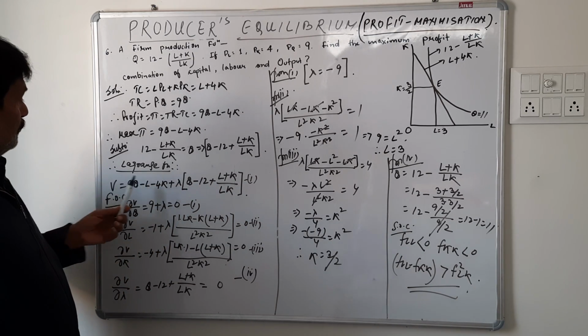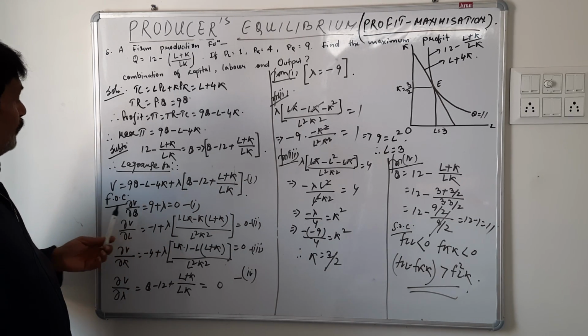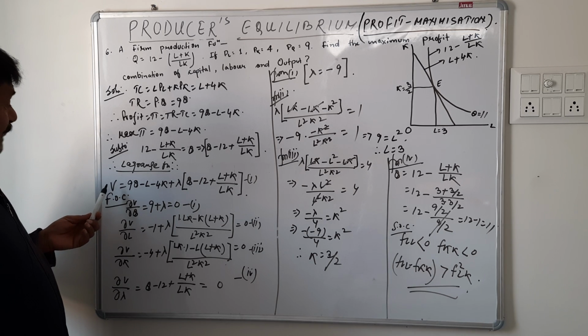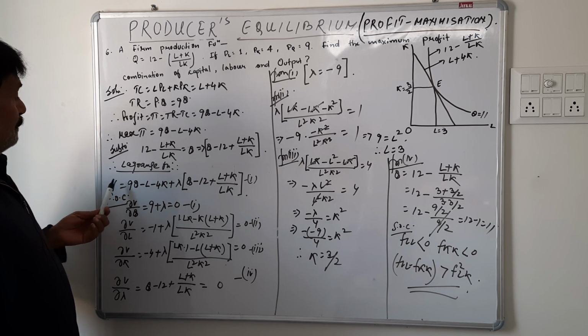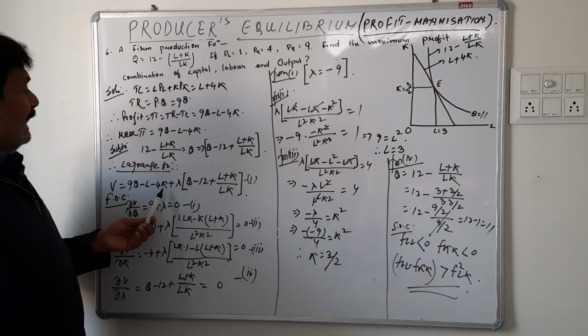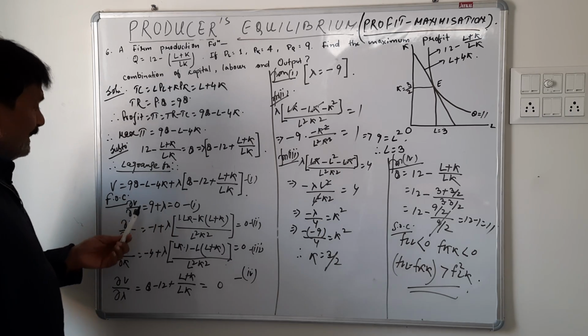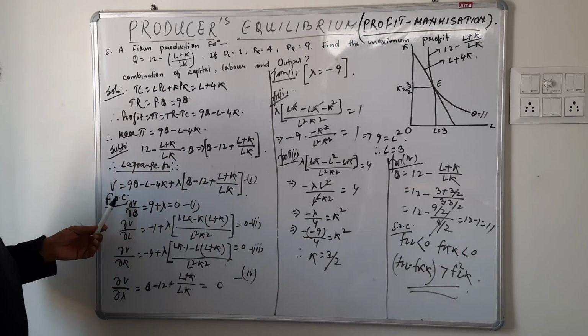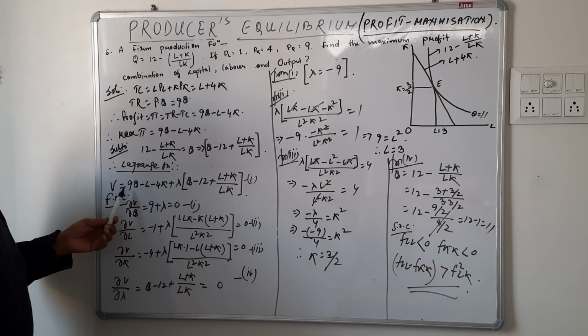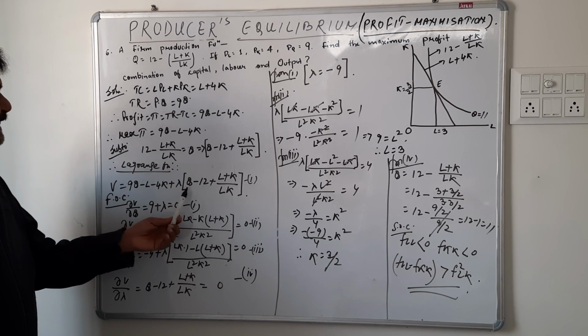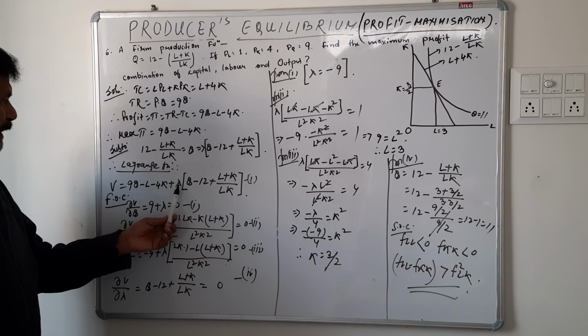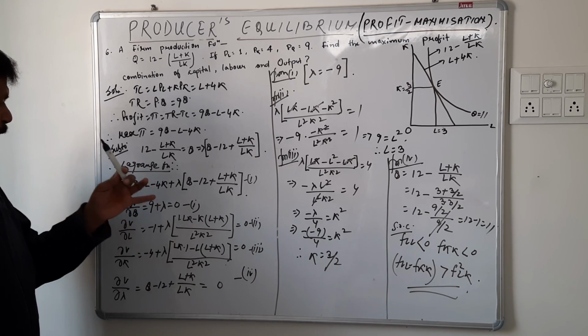Now the first order condition requires that the derivative of B with respect to Q, L, K and lambda, these four partial derivatives, should be equated to 0. This is delta B by delta Q: 9Q differentiation 9, Q differentiation 1, so 9 plus lambda equals 0.